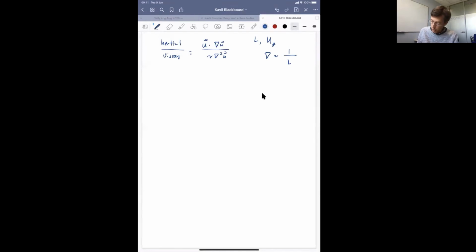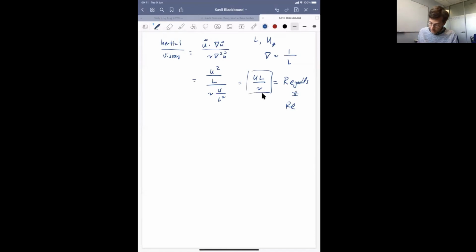So this inertial term is going to scale like u squared over L over nu u over L squared, which is just u L over nu, which most of you will recognize as the Reynolds number. So that's one of our characteristic dimensionless numbers that will help us characterize the flow. And you play this game for other terms too.